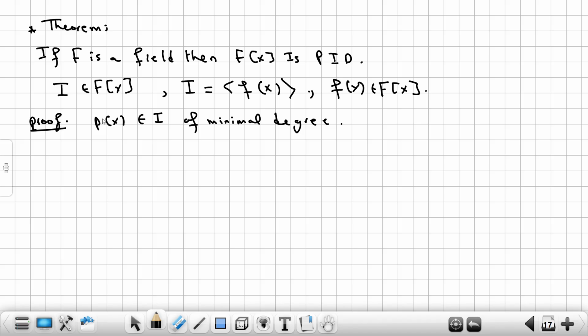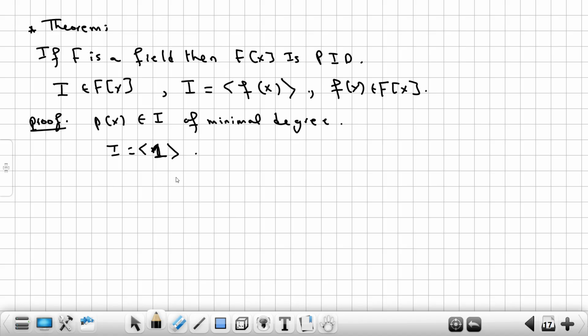If p(x) is equal to a constant, then I is equal to 1. So I is cyclic. Nothing to show. So we will suppose that the degree of p(x) is greater than or equal to 1.